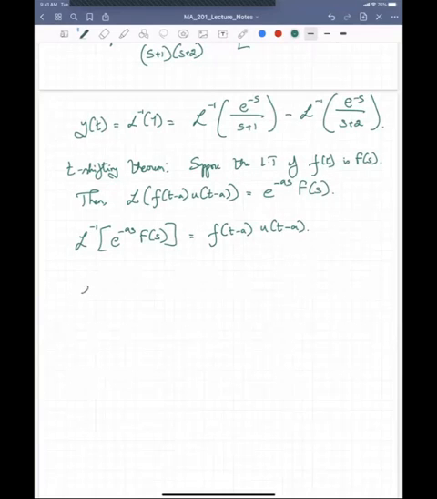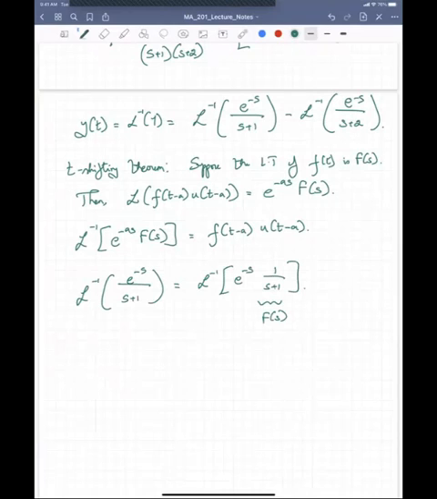How? Well, my goal is to figure out the inverse Laplace transform of e to the minus s over s plus 1, which I will write as e to the minus s times 1 over s plus 1. If I pretend that this is my capital F of s, what is the function that has 1 over s plus 1 as its Laplace transform?